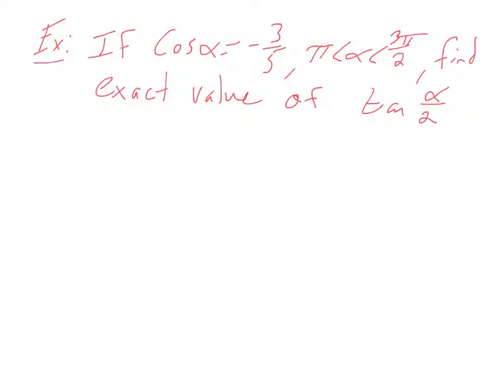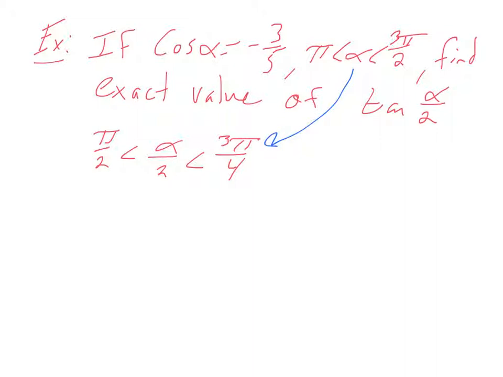If cosine alpha is equal to negative 3/5, then find the exact value of tan alpha over 2 using our half angle formula. What's nice is that if alpha is between pi and 3 pi over 2, then alpha over 2 has to be between pi over 2 and 3 pi over 4, so that the original inequality holds.